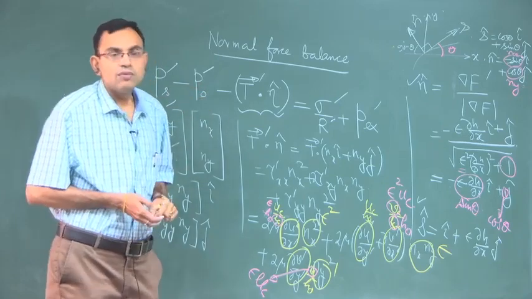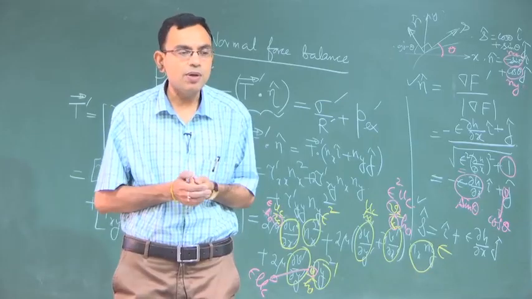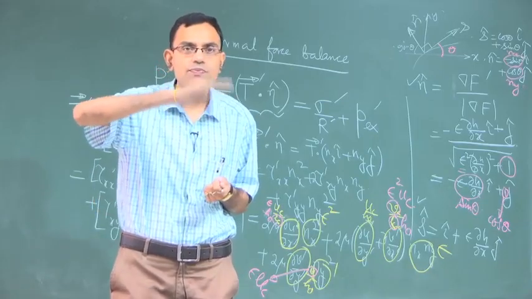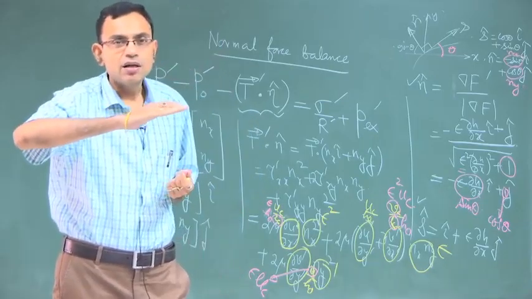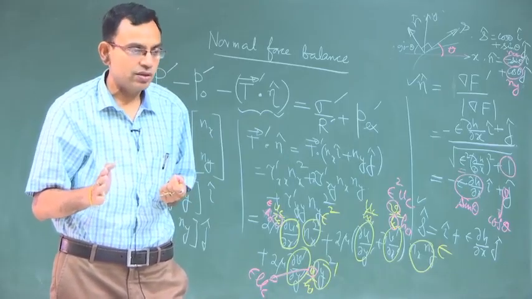Therefore, very commonly you will see that in a fluid dynamic problem, when we write the interfacial normal stress force balance, many times people do not write the viscous normal stress at all.